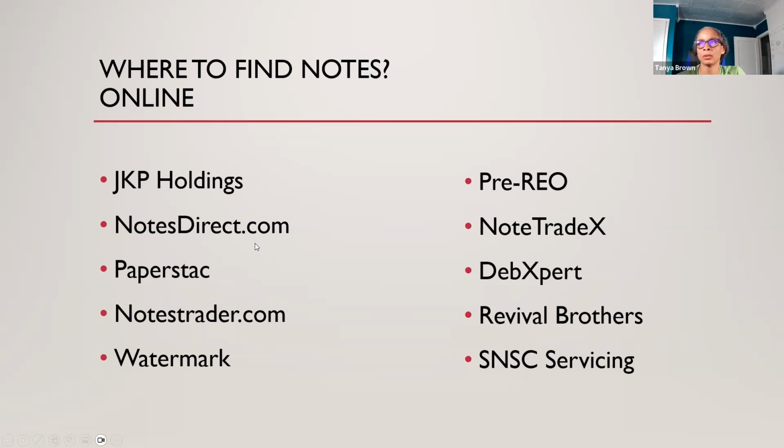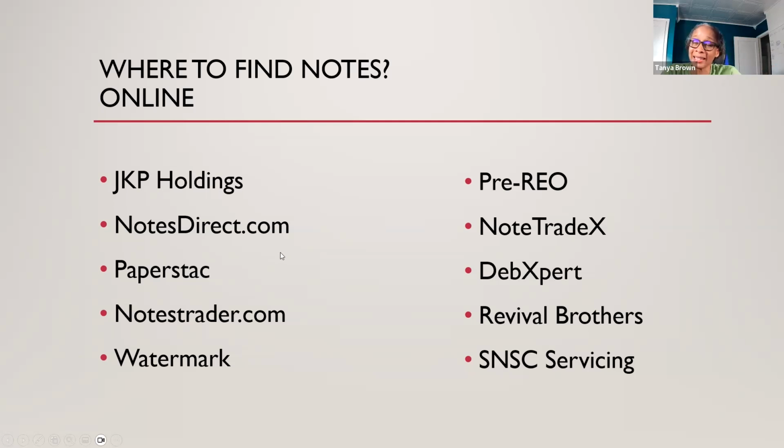Notes Direct, we all know that's the Eddie Speed one. The only thing about Notes Direct is, what can I say? People try to get top dollar for them. So even with the non-performing notes, if you're looking for something above 10%, you're probably not going to find it at Notes Direct.